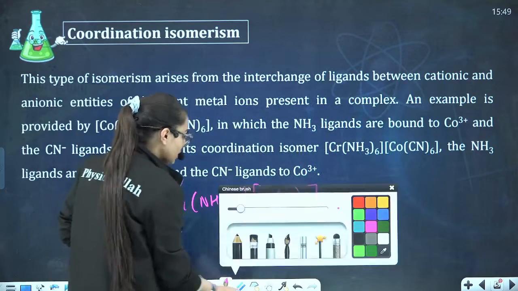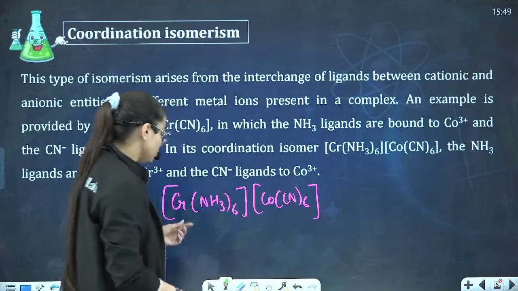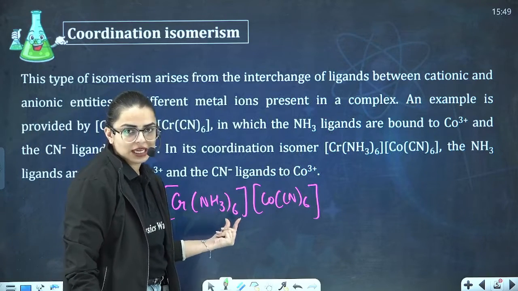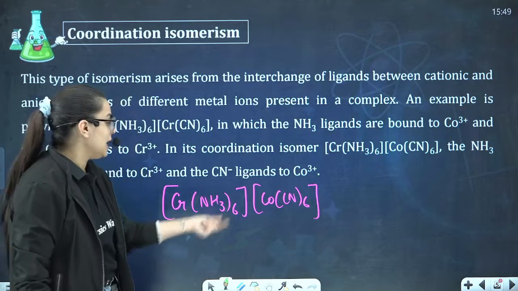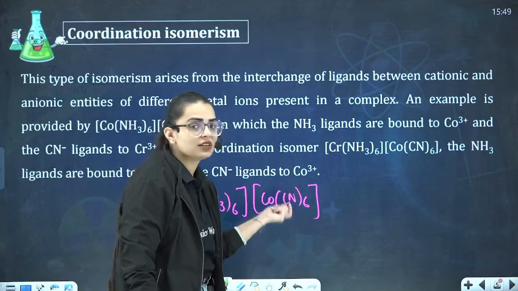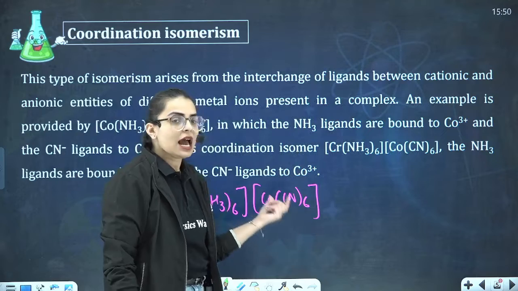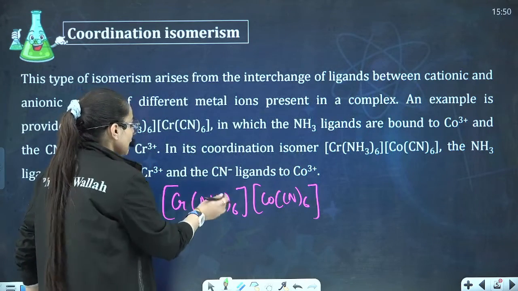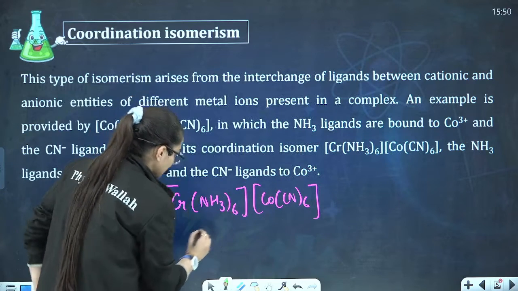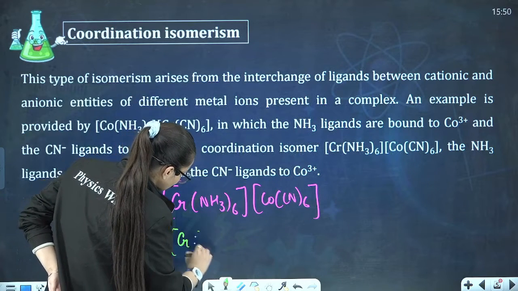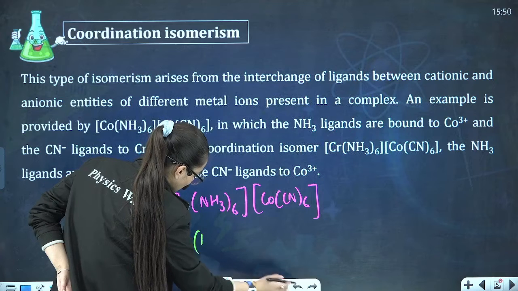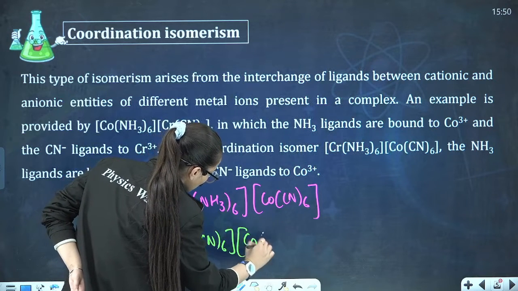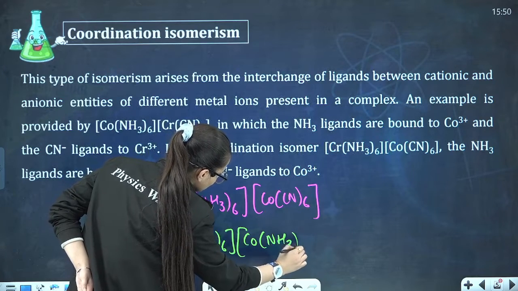Now just observe what I'm going to do here. The central metal atom chromium is linked with NH3 as a ligand, with 6 NH3. Here cobalt is linked with the cyanide, that is CN. Now if I change their positions, and this ligand is replaced by this ligand, the new compound that we get is Cr(CN)6 and here we shall get Co(NH3)6.